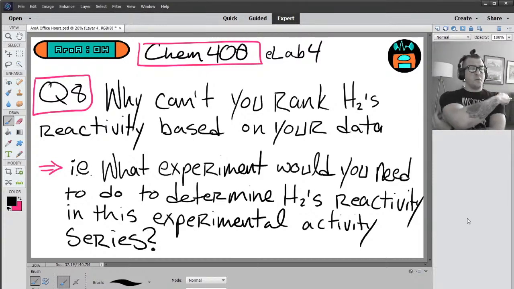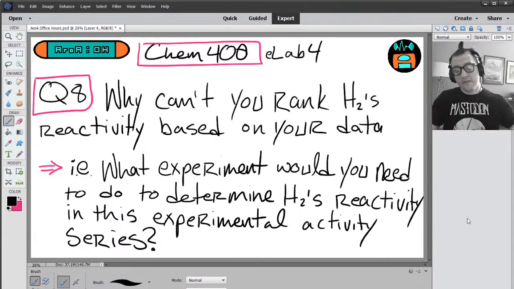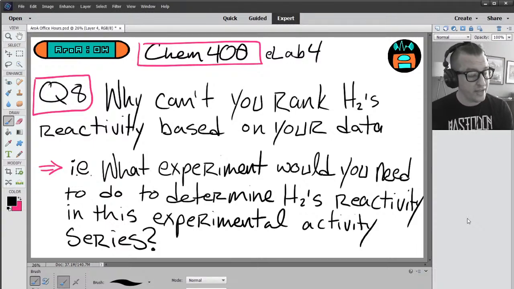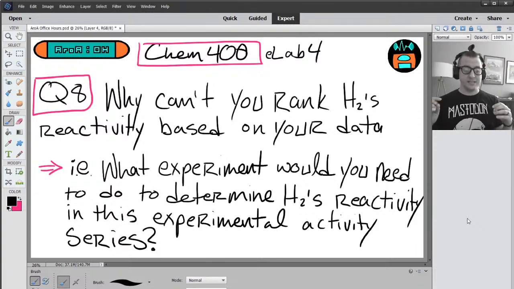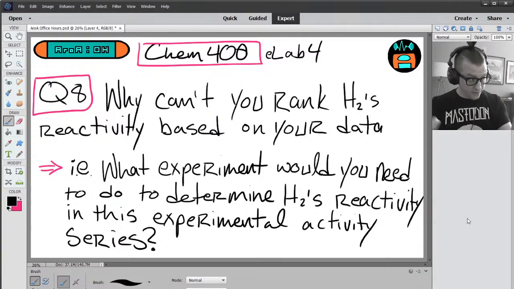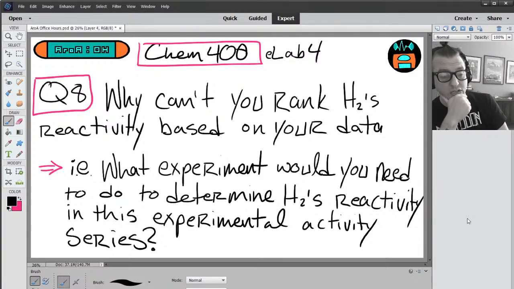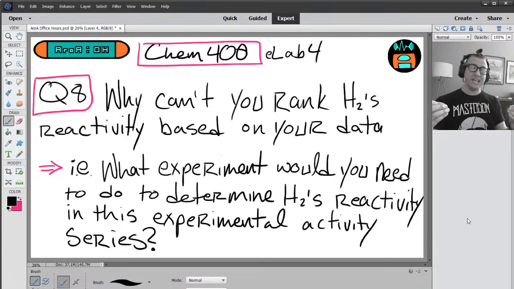Because basically what this problem is saying is they didn't give you enough information to determine exactly where hydrogen would fall in your activity series, whether it be more reactive than this, less reactive than this. So probably the most effective way of answering is by answering this rephrasing: what experiment would you need to determine where hydrogen fell on the activity series? Does that make sense?